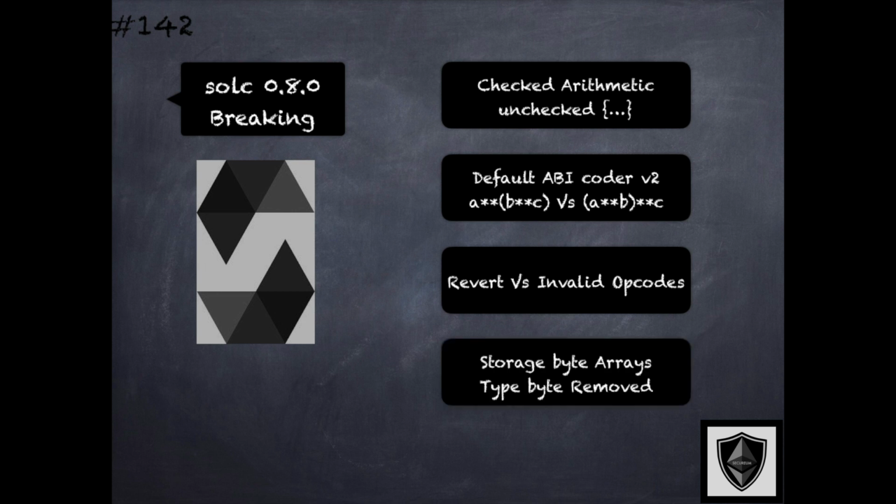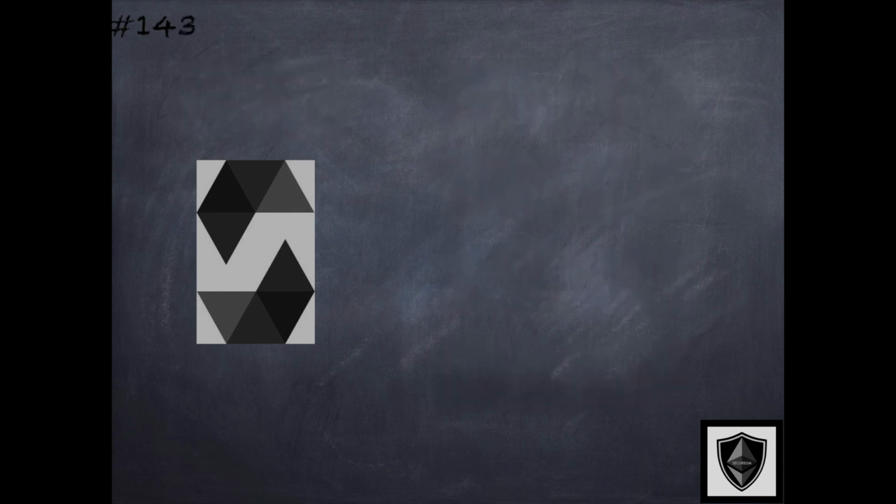When storage byte arrays are accessed where the length is encoded incorrectly, a panic is raised. That's another change introduced. And finally, the byte type, which used to be an alias of bytes1, has been removed as of this version.